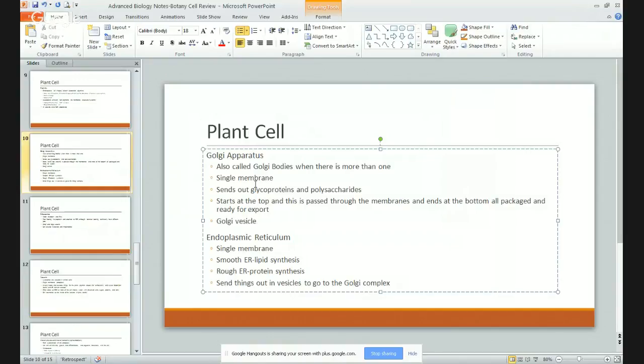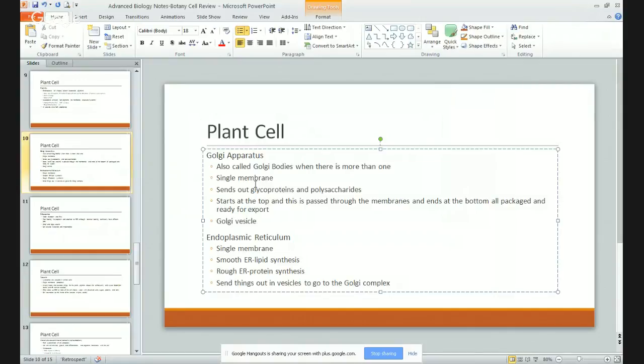Your endoplasmic reticulum, yeah, we do abbreviate that with ER. There are different types, the smooth endoplasmic reticulum and the rough endoplasmic reticulum. Your smooth endoplasmic reticulum's main job is to make lipids. Your rough endoplasmic reticulum's job is to make proteins.